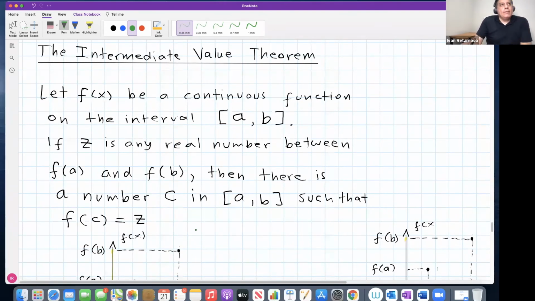It tells you that if a function is continuous, then since it's all in one piece, if you evaluate your function and it is positive at some input value, and you evaluate your function again and it is negative, then if your function went from a negative value to a positive value continuously, all in one piece, right? It means that it has to go through the x-axis, right? It has to go through 0.